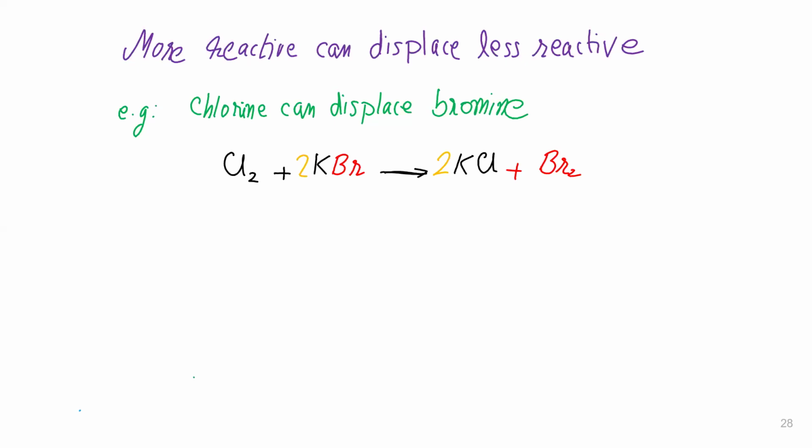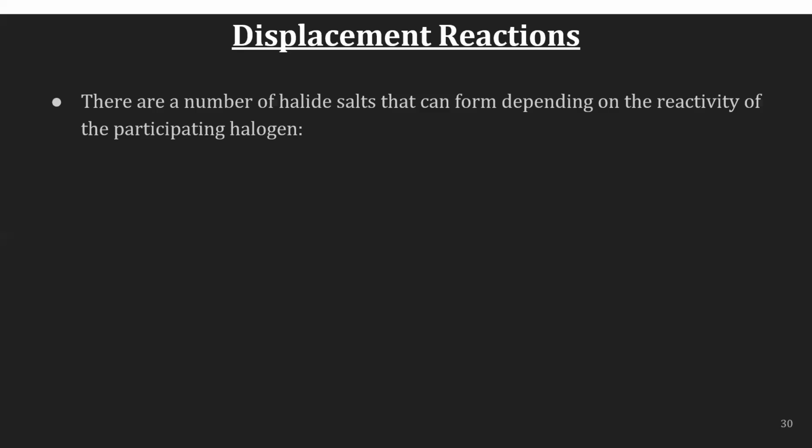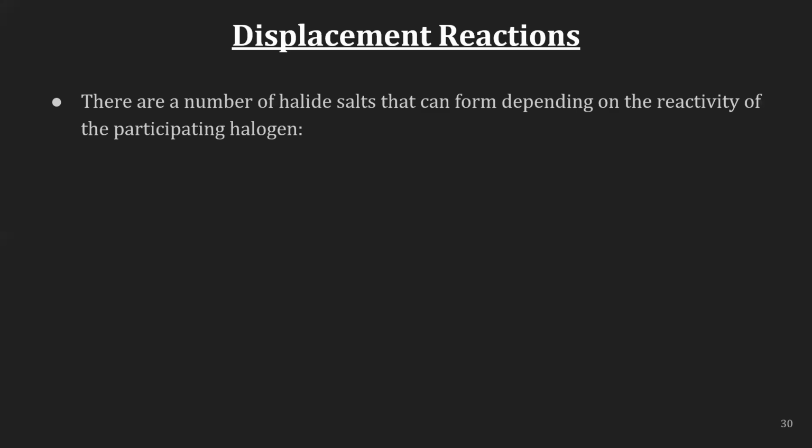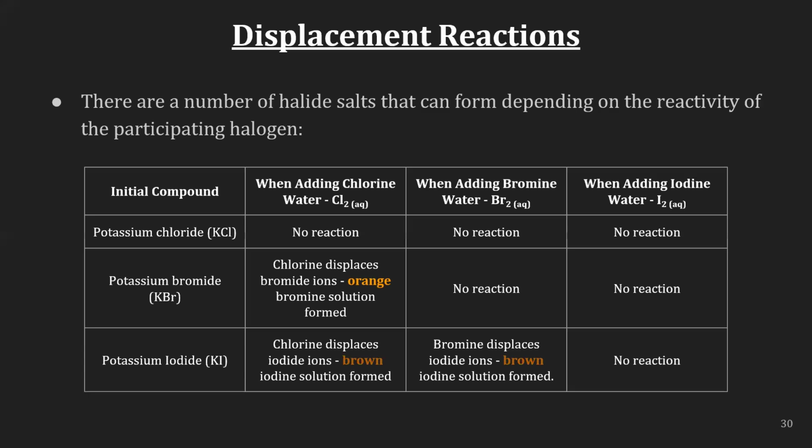Now you can see that bromine cannot displace chlorine. The reverse cannot occur because it's a game of reactivity. So different salts can be made.